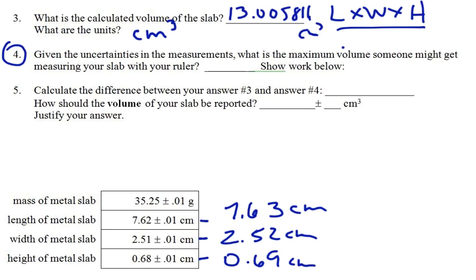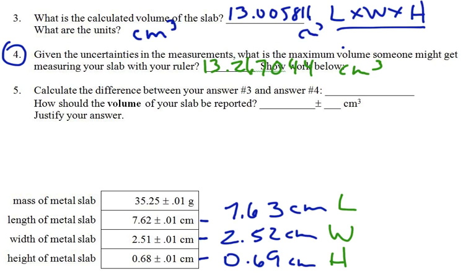So that's our new length, width, and height. If we multiply those three numbers, we get a bigger answer, about 13.267044. You can work out that number yourself. Again, that would be cubic centimeters.